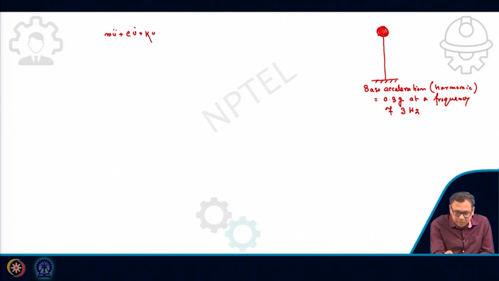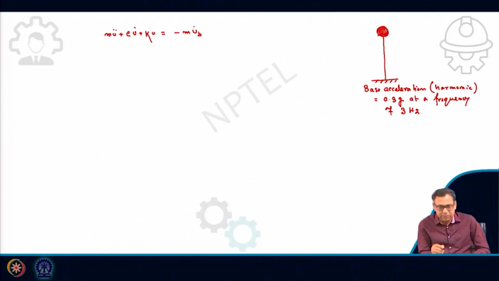So now the expression will be m u double dot plus c u dot plus k u equal to minus m u_b double dot. Okay, that expression I have already given to you in my previous lecture.